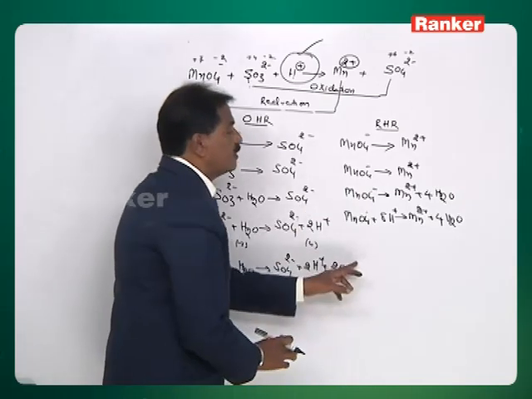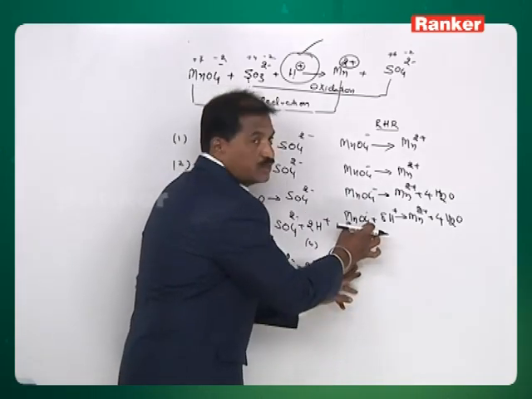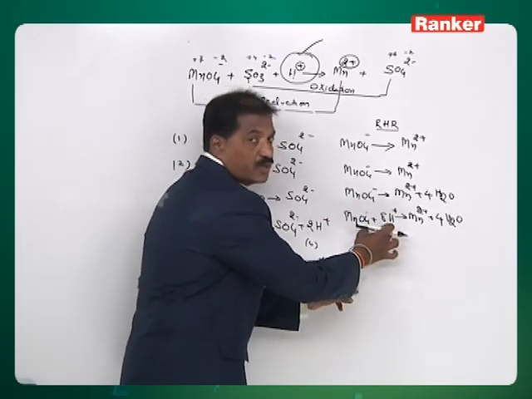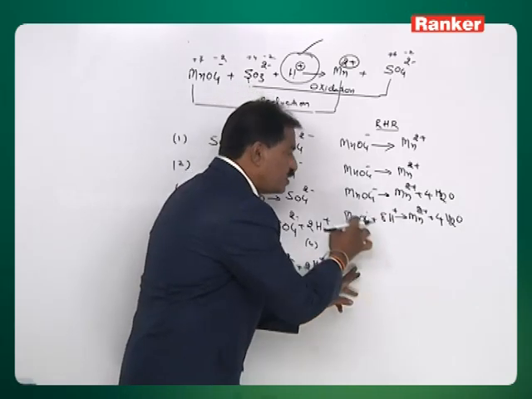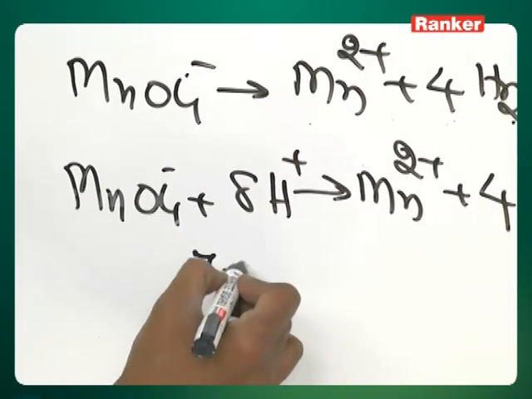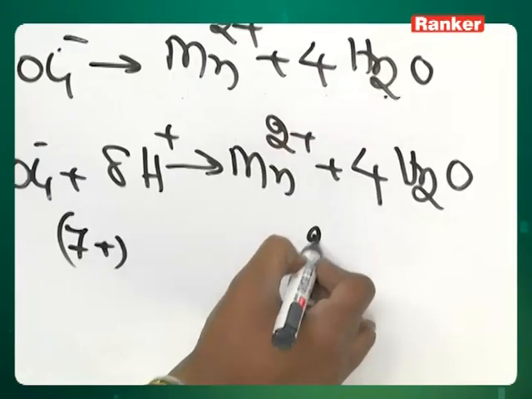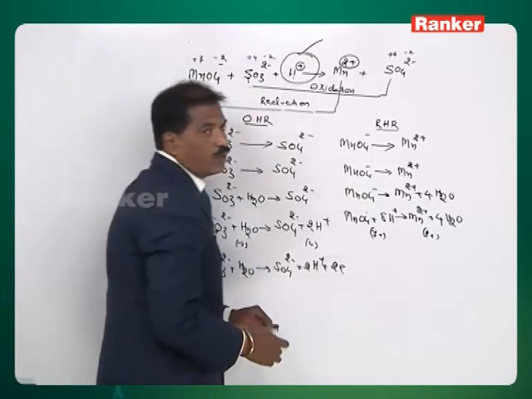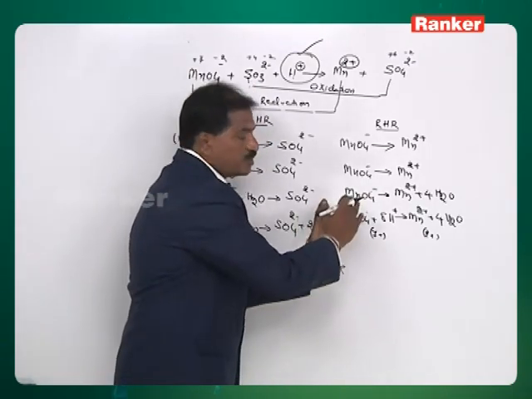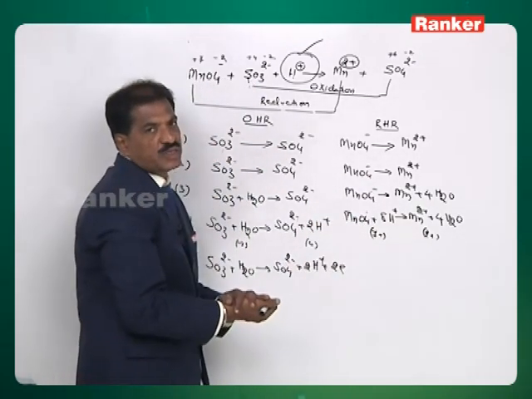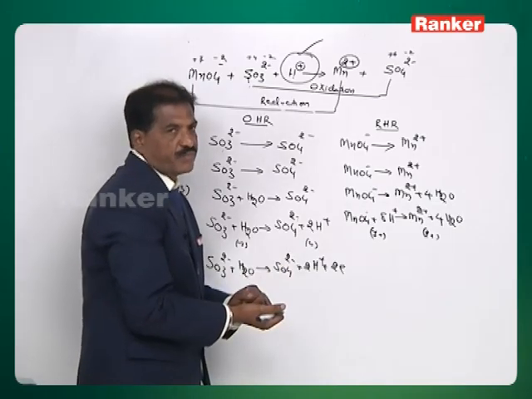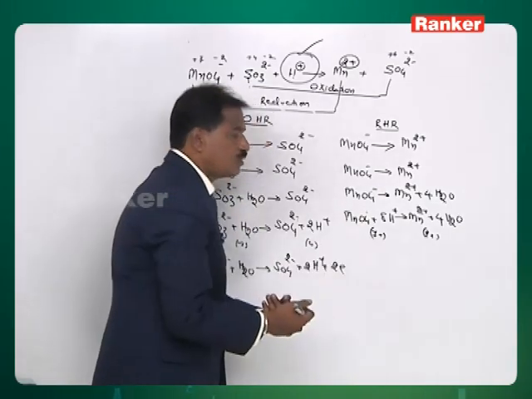Next, similarly here 1 unit negative charge, here 8 units of positive charge. Therefore the net charge here is 7 units of positive charge. Here 2 units of positive charge. Now this side some amount of positive charge, that side some amount of positive charge is present. They are different, therefore those two positive charges have to be balanced.